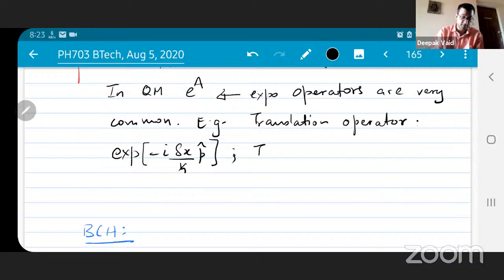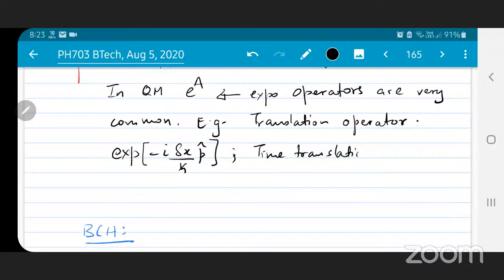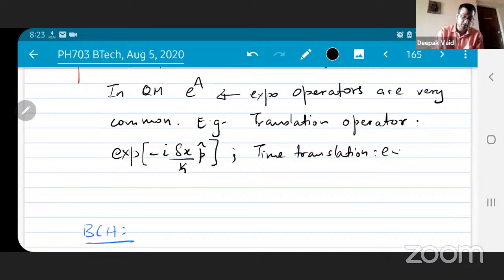Similarly, there is something called the time translation operator. What is time translation? It means the same thing. So this is H. H is what? H is the Hamiltonian.